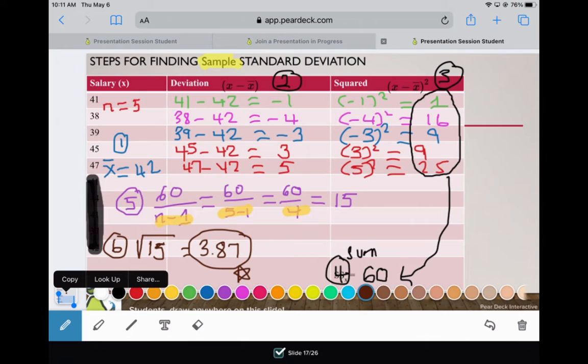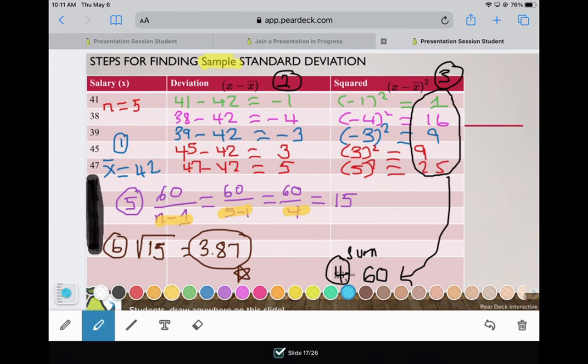Okay, how did I find 42? What I did was I add all of these numbers because that's the average. So I'm taking 41 plus 38 plus 39 plus 45 plus 47. That gave me 210.